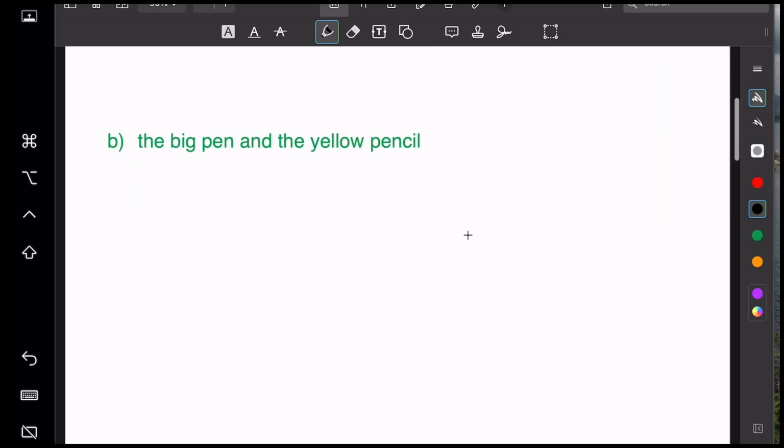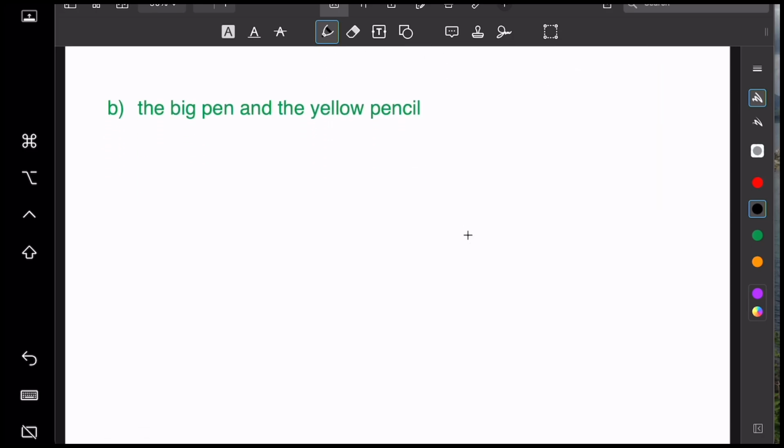Let's do another example. This one is similar, except instead of conjoining together two nouns, we're going to be conjoining together two noun phrases. So one noun phrase is the yellow pencil, and the other one is the big pen, and we're sticking them together with this conjunction and. So we're going to construct the two noun phrases by themselves first, and then we're going to conjoin them together.